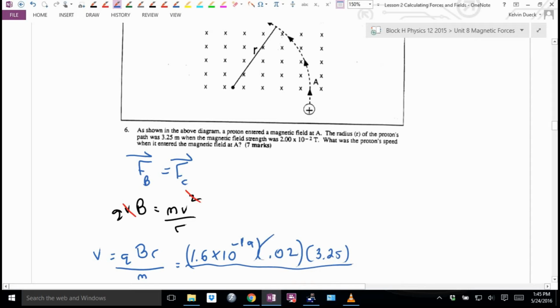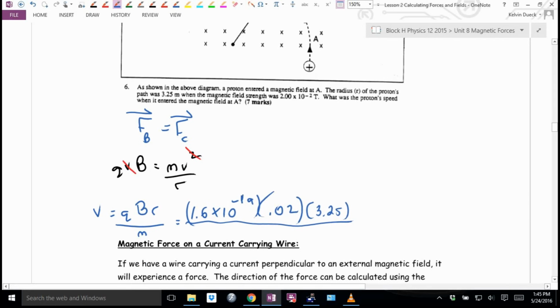They didn't tell me the mass. It's a proton. 1.67 times 10 to the negative 27. Yeah. Okay, how fast did we get this proton up to?